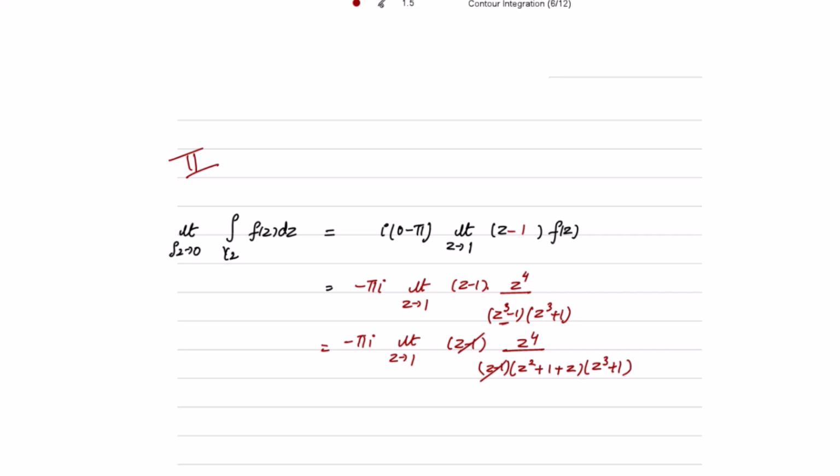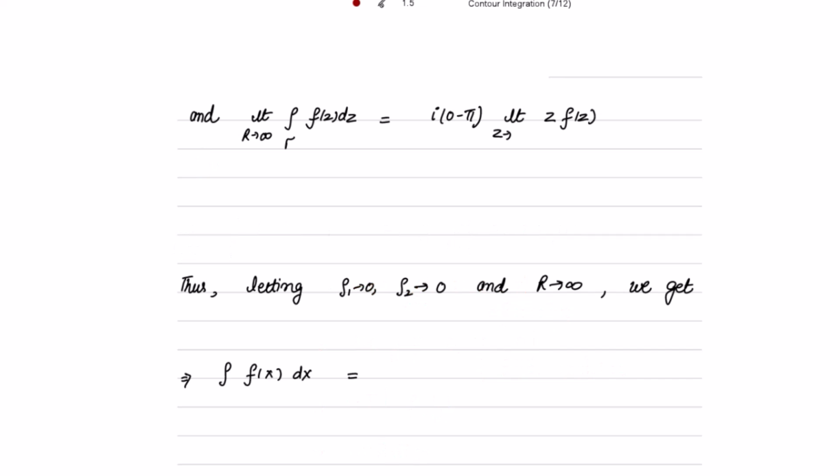Just cancel these two, and putting the value of z as 1, you get minus pi iota. Just put 1 over here, you get 1 over 6, which is equal to minus pi iota over 6.